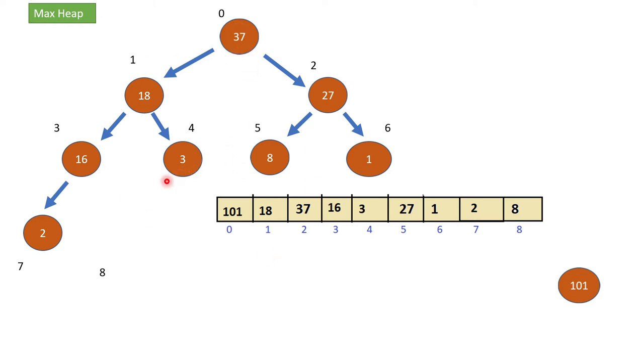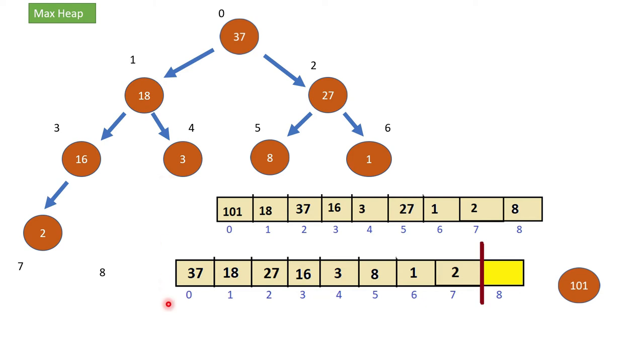Now we can see the array representation: 37, 18, 27, 16, 3, 8, 1, 2. And as one node, 101, is deleted, the heap size is reduced by 1. Previously it was from 0 to 8, now it is from 0 to 7. One empty space we can see here because 101 is removed.